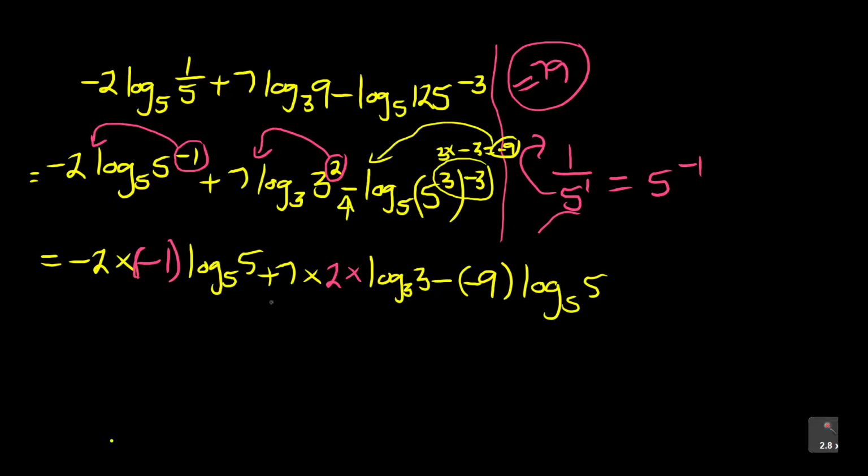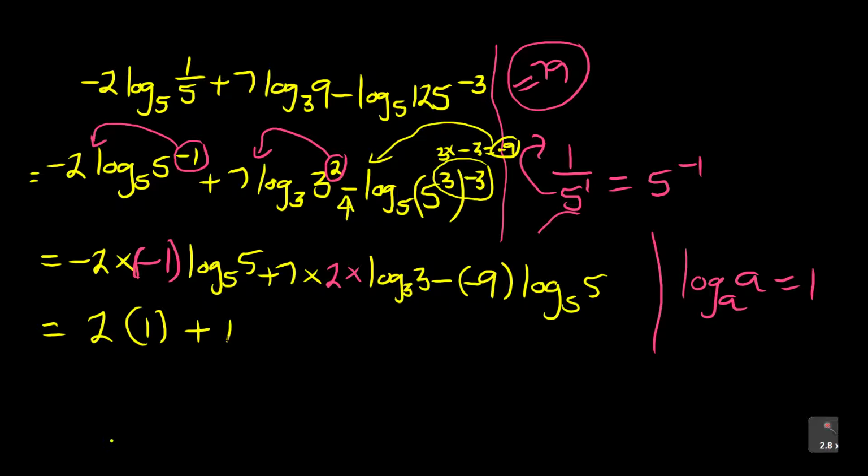Look, everything has got the same base and the number, and what am I trying to achieve? I want to use this rule which says log base a of a is equal to 1. That's what I'm using. So here it will be equal to minus 2 times minus 1 is a positive 2 times, remember this becomes log 5 is 1, plus 7 times 2 is 14, log 3 of 3 is 1, and then minus times minus is a plus 9, log 5 of 5 is a 1.